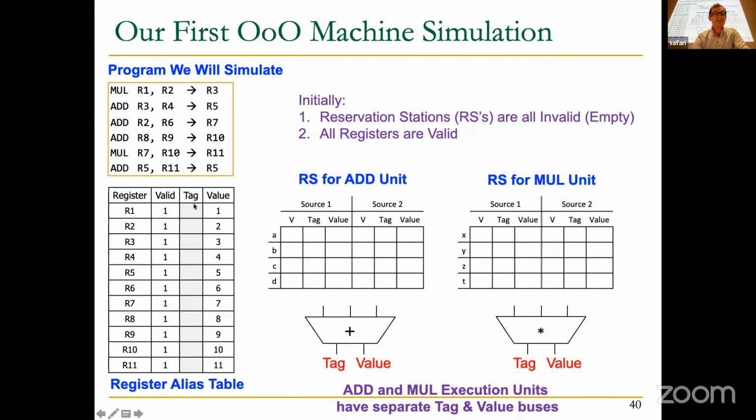You need to compare these tags to the broadcast tag, and then these tags to the broadcast tag, and so on. If any instruction is waiting for the tag you're broadcasting, and the value is not valid, it had better capture the value that's also being broadcast. So values are also going to be broadcast this way.